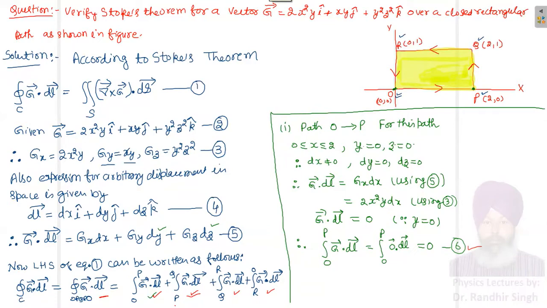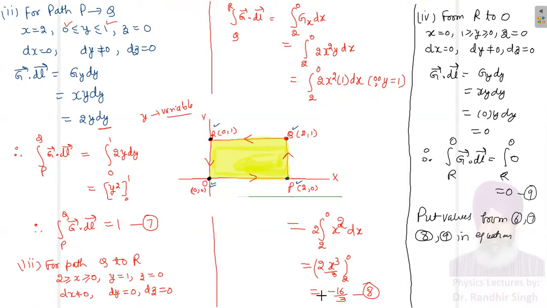I did not give it any equation number, so I can give it equation number star, because I forgot to give a number to this equation. So if I put these values in equation number star, here I will write 0 into dy, so it will be 0 dy.